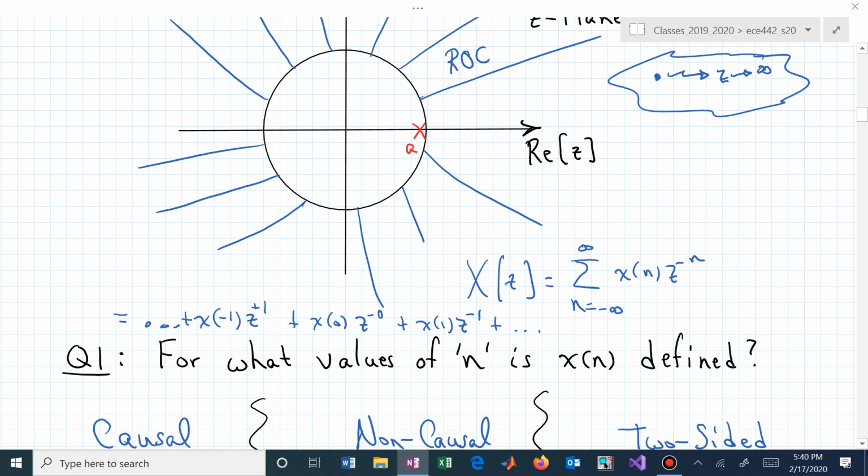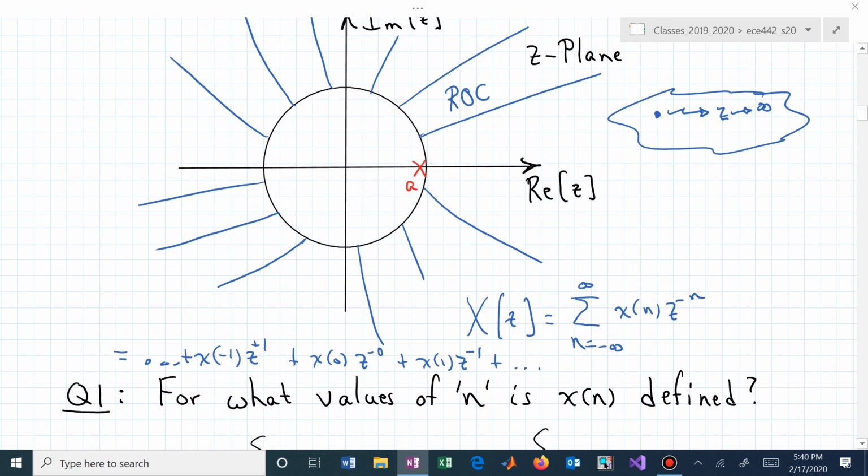And I would put that value of z into this infinite series. Are there particular coefficients that have to be 0 if this series gives me a bounded numerical answer for all z's in the region of convergence? The region of convergence is unbounded, is it not? It's unbounded, meaning z goes all the way to infinity.